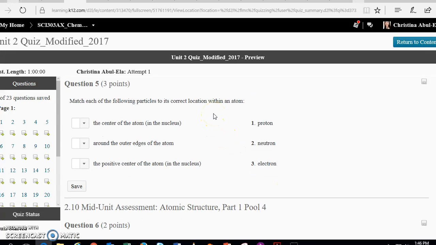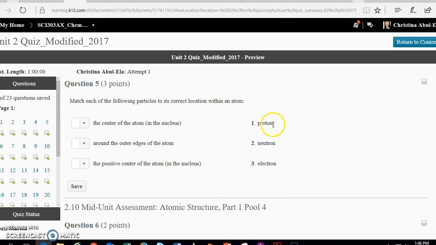Question 5. Match each of the following particles to its correct location within an atom. We have the center of the atom in the nucleus, around the outer edges of the atom, the positive center of the atom in the nucleus.